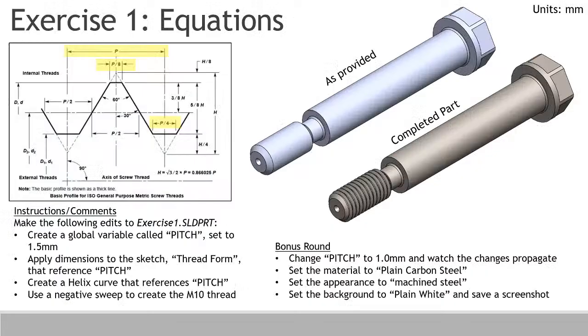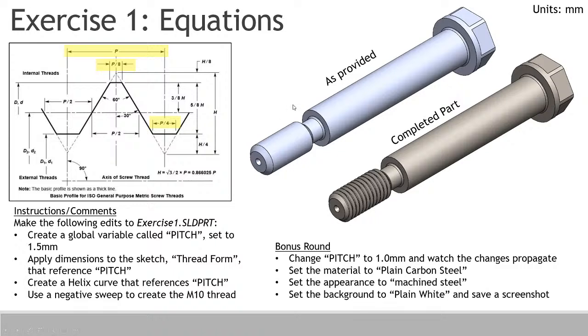A good example of when something like this would come in handy are threads. These slides may be a bit out of order compared to the PDF that you guys have, but near the end of the PDF, there's this exercise.